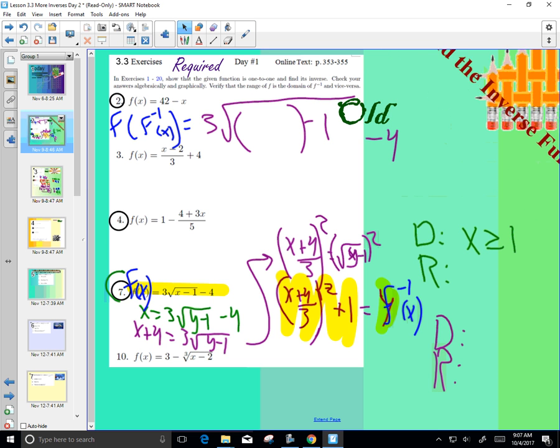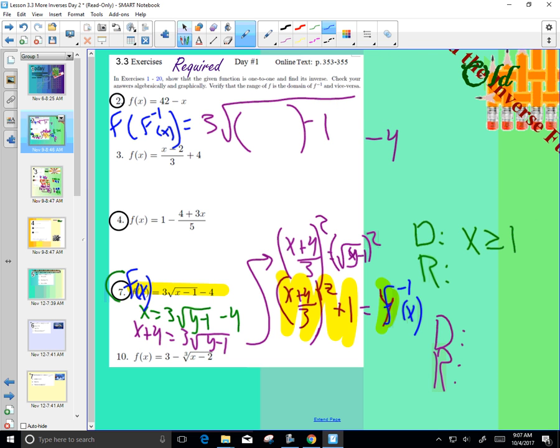They're cool, but they're kind of in my way. Okay. What do I put in for parentheses of x? Instead of x, what do I replace it with? F inverse, right? So I'm going to put in x plus 4 over 3. This is going to be trouble. Squared plus 1. So I just took this inverse and I put it in there.